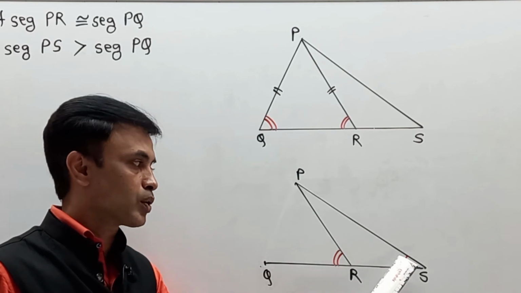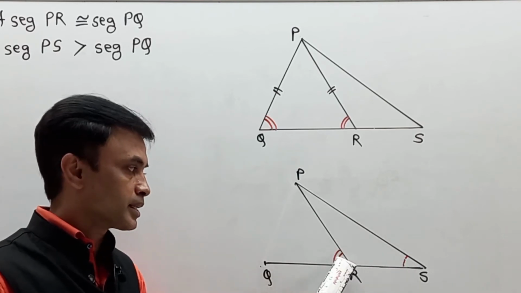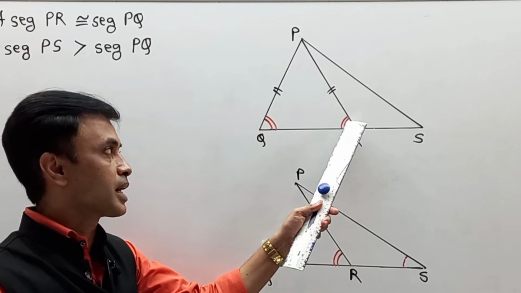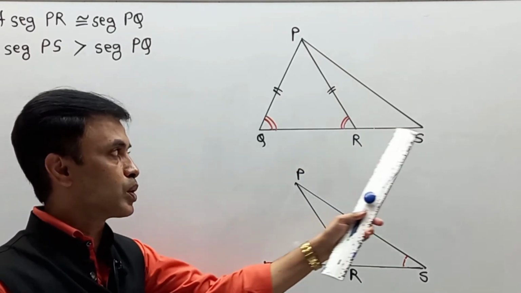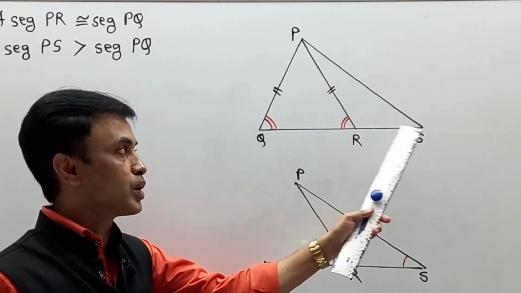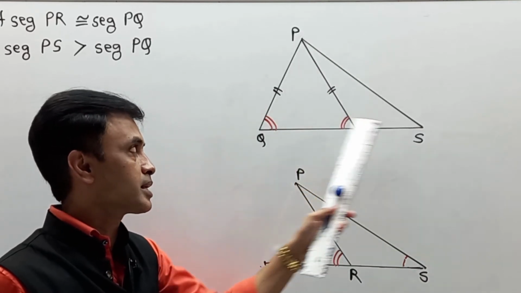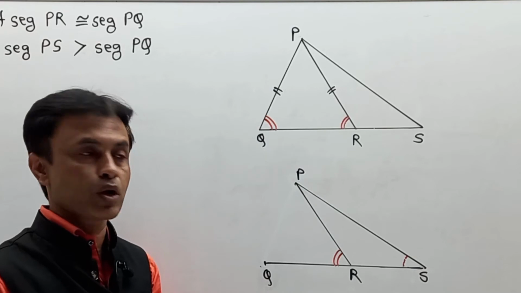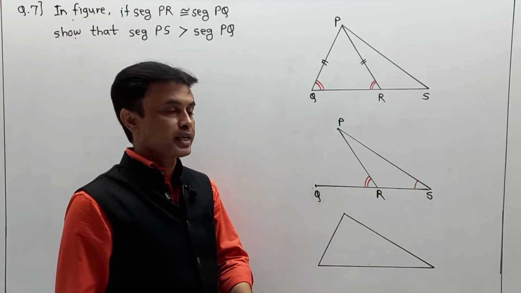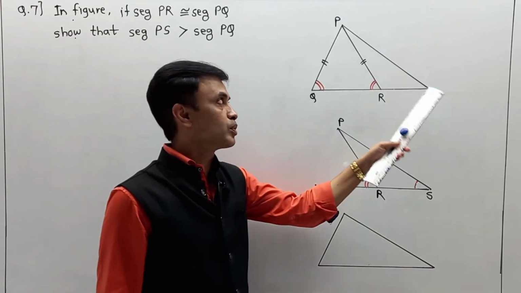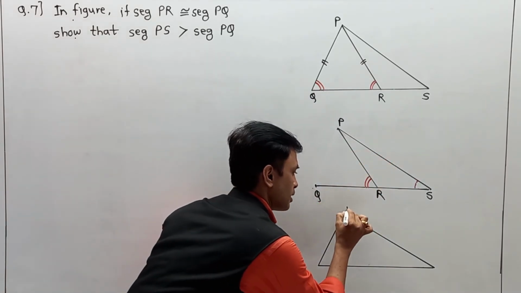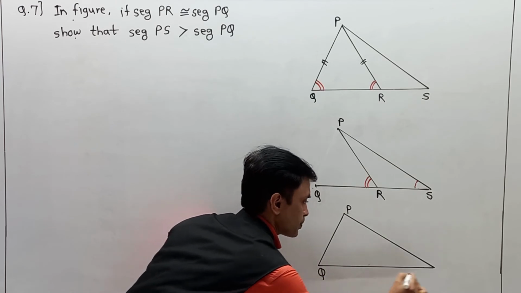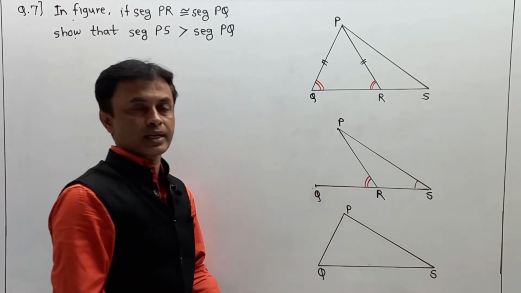So we have PRQ greater than PSR. But again this angle R is equal to angle Q. Means we can say that angle PQS is greater than PSQ. Means I am going to draw a third part over here, that is triangle PQS. So I have drawn triangle PQS again for your understanding.